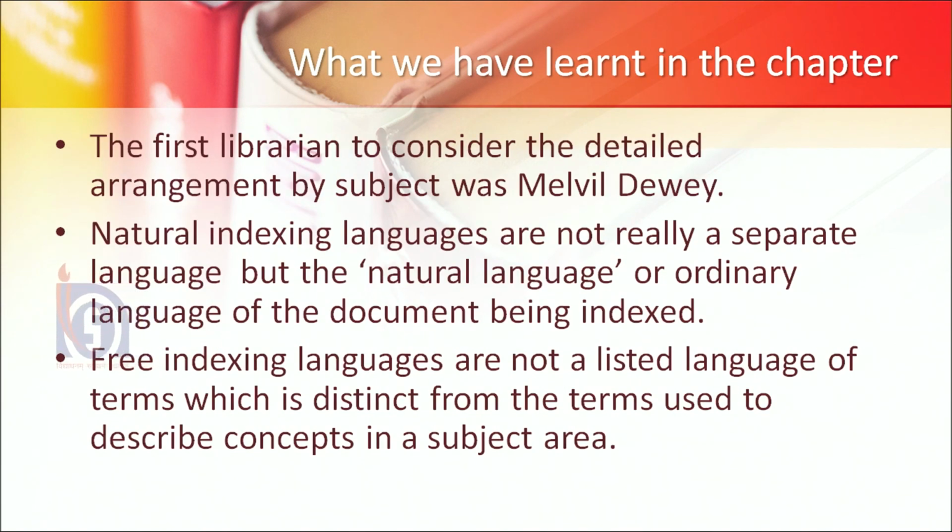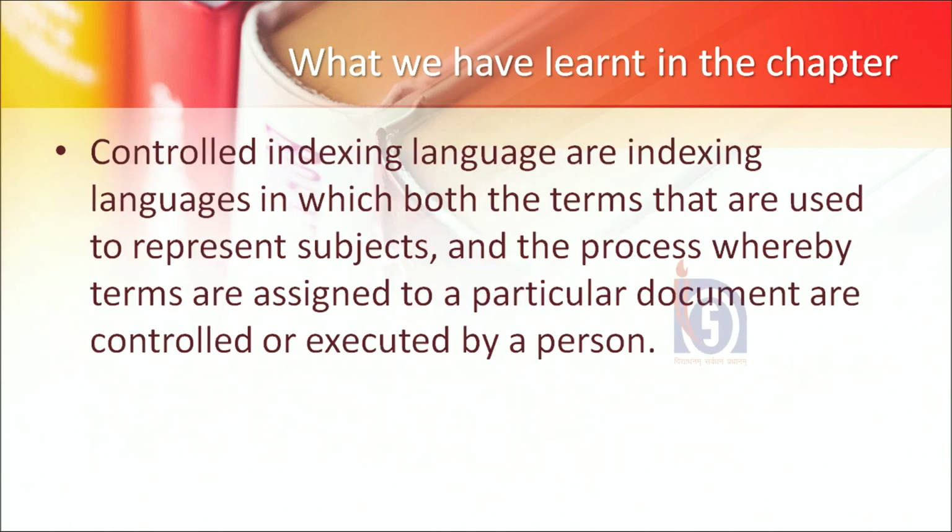We have also learned in this chapter that the first librarian to consider the details arranged by subject was Melvil Dewey, and that natural indexing languages are not really a separate language but the natural or ordinary language of the document being indexed. Free indexing languages are not a listed language of terms distinct from the terms used to describe concepts in a subject area.